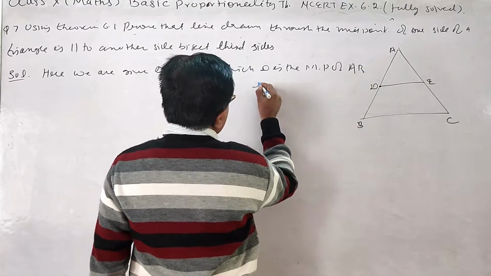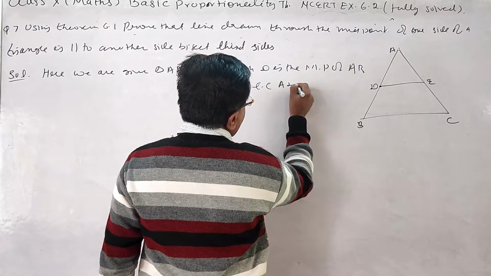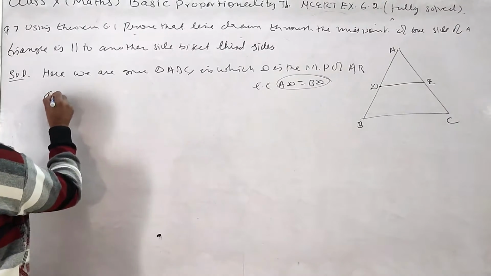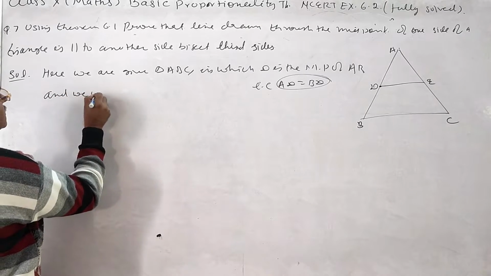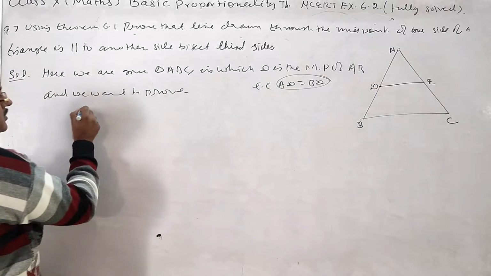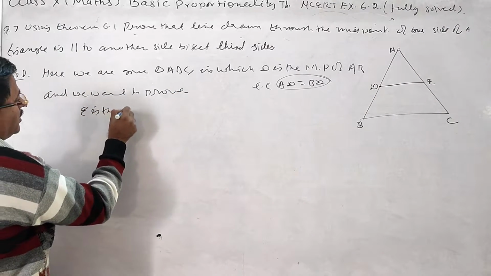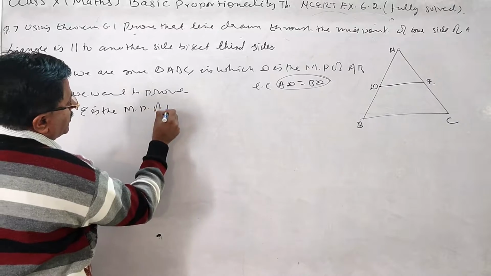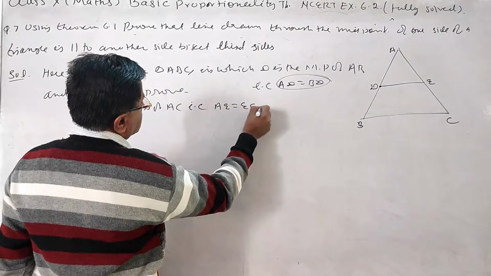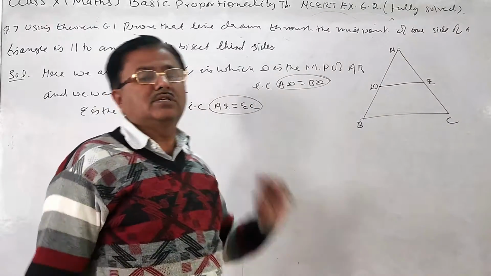Now midpoint of AB means AD equal to BD, and we want to prove E is the midpoint of AC. That is, we want to prove this, and this is given.